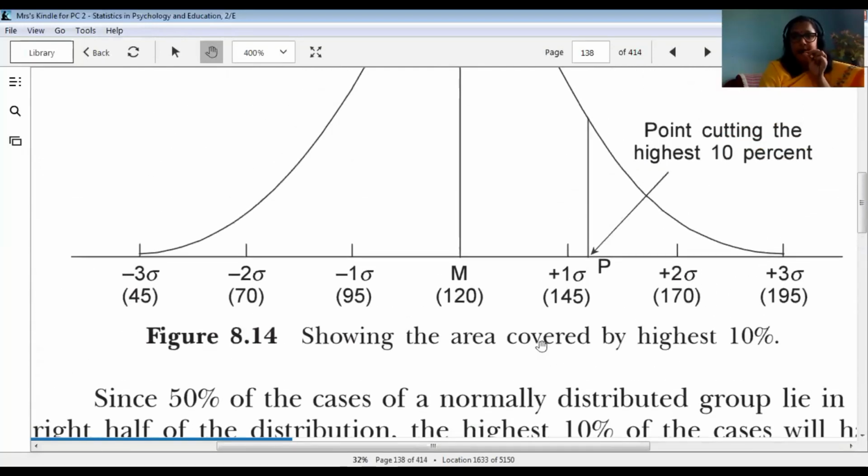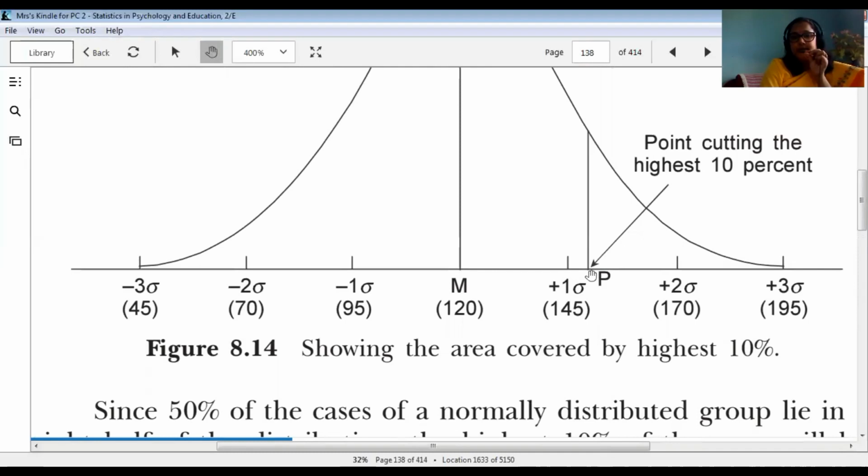Please follow me. You see, this is the point which cuts the highest 10% of the group, 10% of a particular group. Now, as I discussed, this highest 10% will have 40% of cases between its lower limit and the mean. This is the 40% of cases. This is the lower limit of the highest 10% of the group.